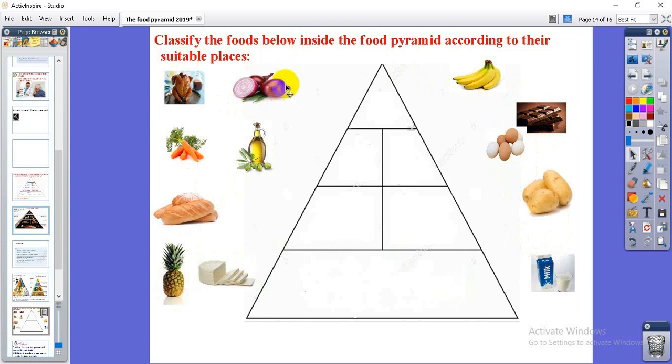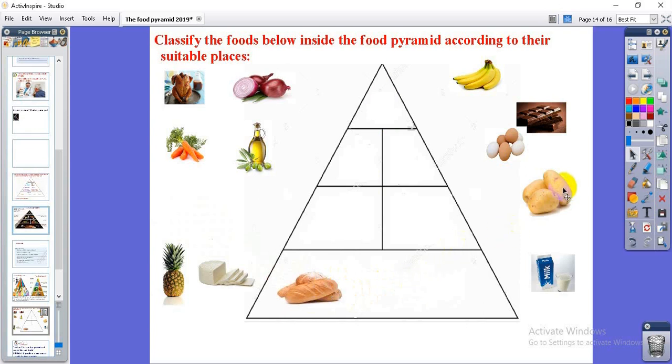To put each type of food in its category or in its place. Shall we start? Let's find out. What should we put at the base right here? Bread. Very good.